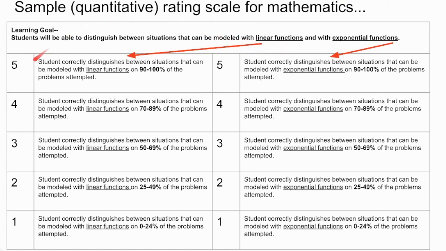In other words, the ratings are based on a numeric proficiency in the skill. A rating of 5 represents that students correctly distinguish between situations that can be modeled with linear functions 90% to 100% of the problems that they attempt. A slightly lower level on the rating scale is based on a student who can do the same skill with 70 to 89% accuracy, and so on and so on.